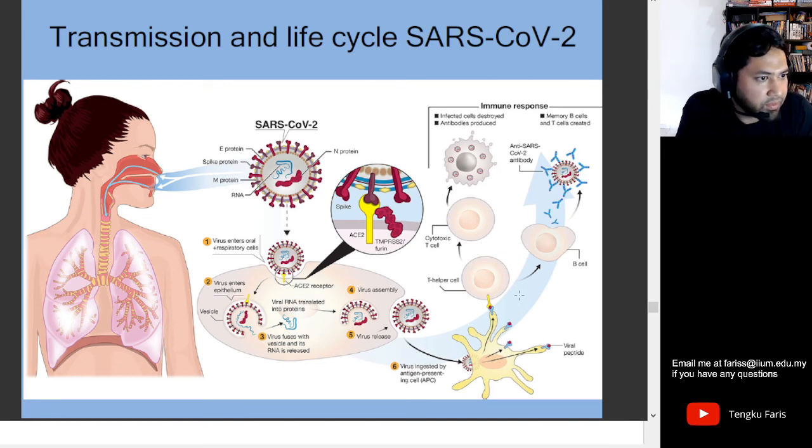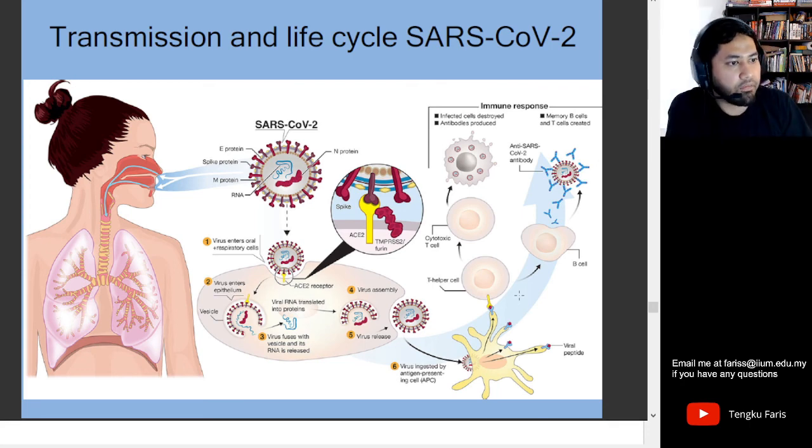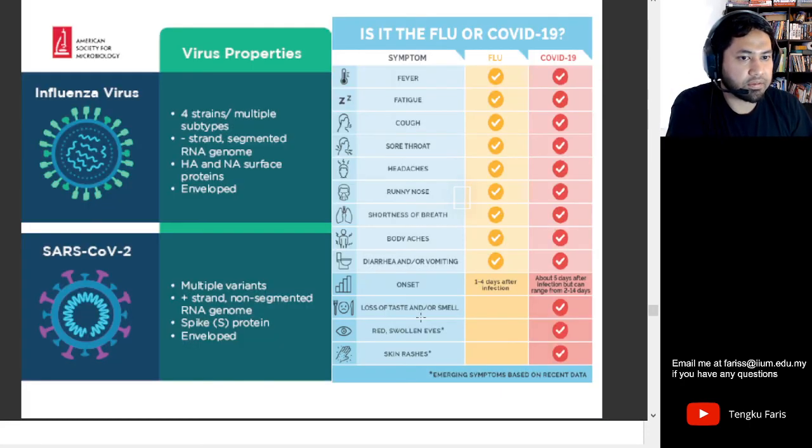The plasma cells can then generate a specific antibody for long-term SARS-CoV-2 removal. So the next time you have a second infection, the body just produces the same antibody that is capable of getting rid of the SARS-CoV-2 viruses.